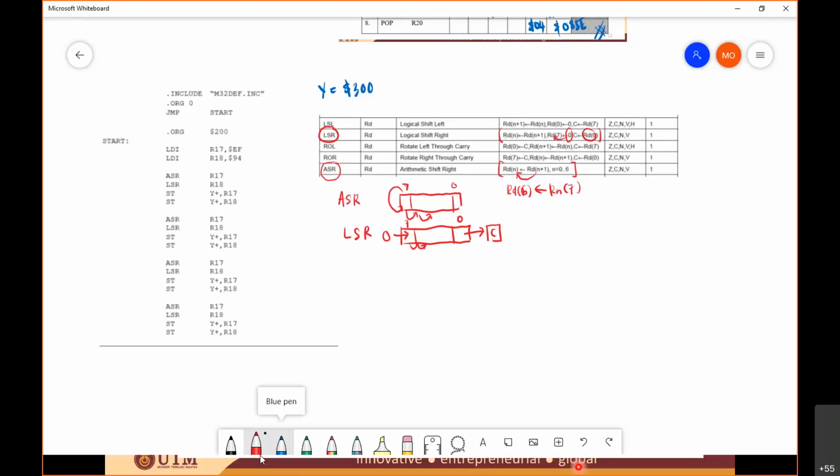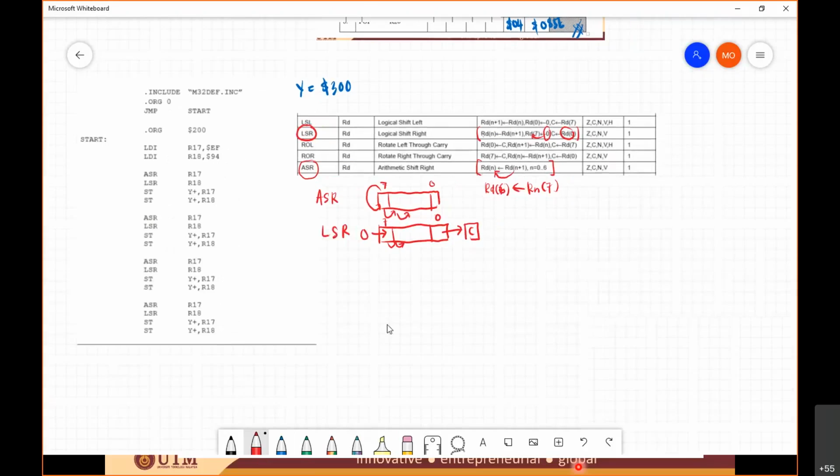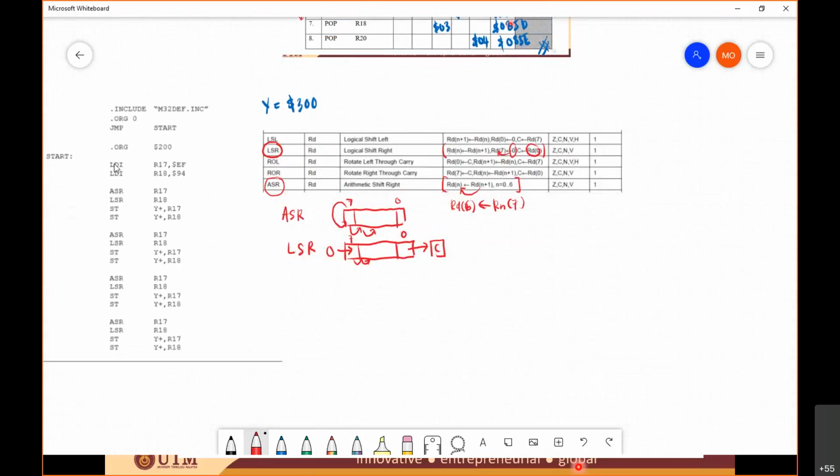Now we are going to find out what is the answer after you execute each of these lines. The first line here, LDI R17, 0xEF. So what happened here? R17 equals EF. R18 equals 94. And then ASR R17.